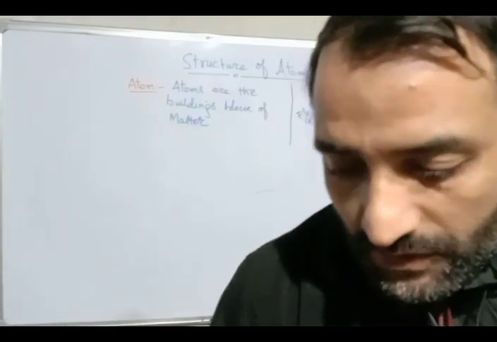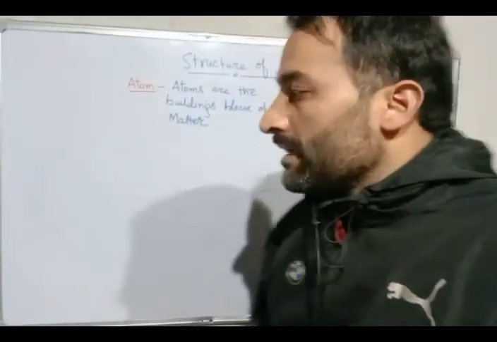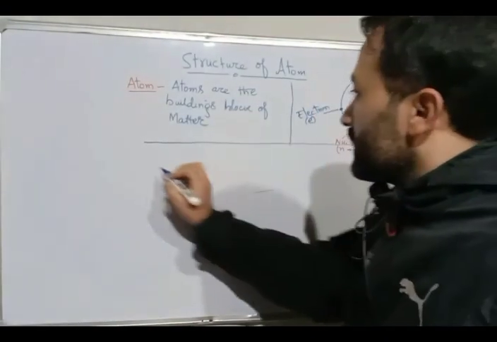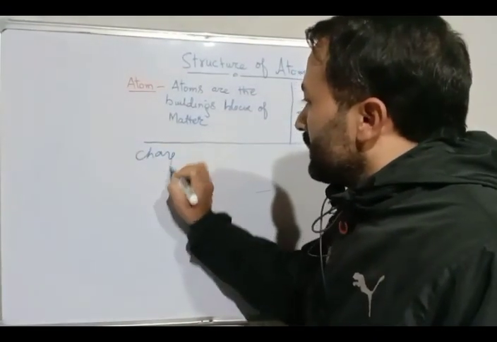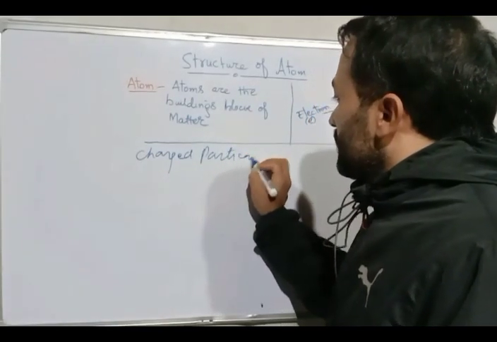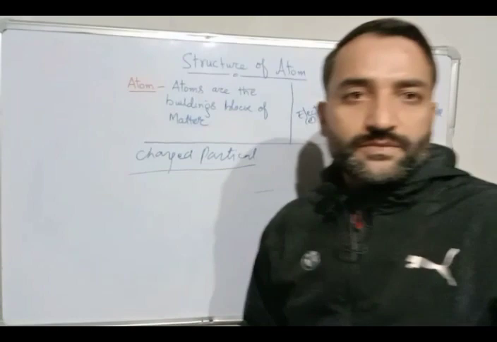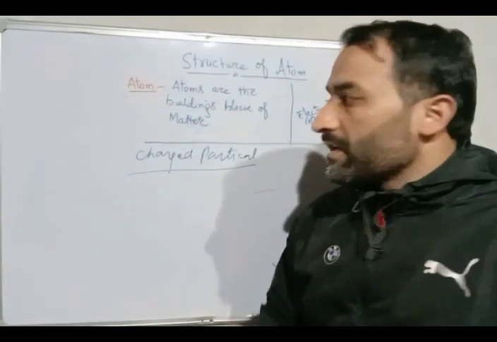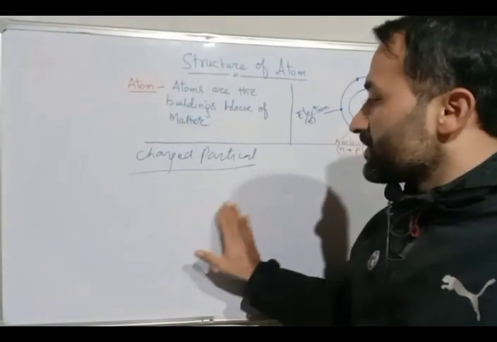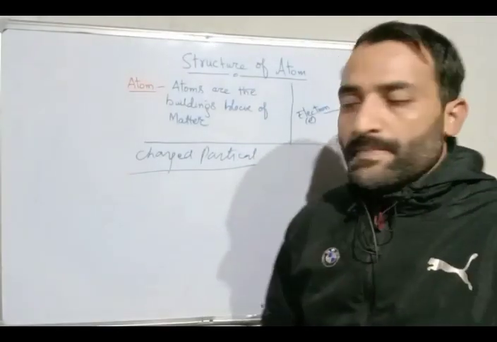Okay, so moving further, if there are charged particles inside an atom, there must be some interactions between these charged particles. There are two types of forces operating inside an atom.